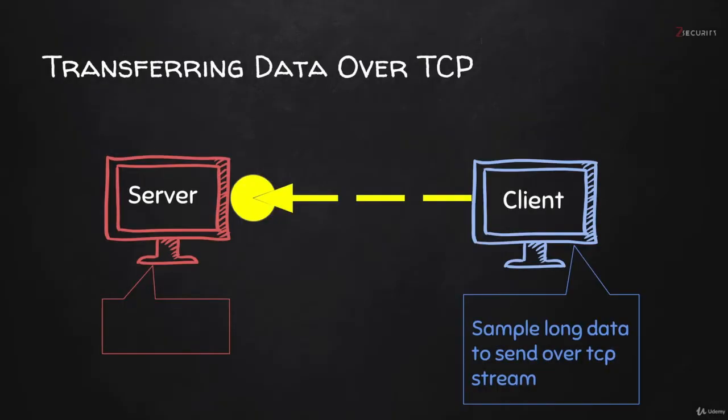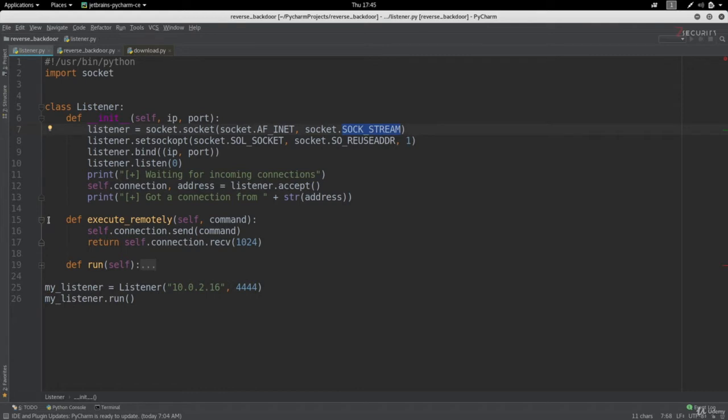Let's say that the client wants to send some long data as a message to the server. Now, as you remember, in the server, when we receive data, we call connection.recv, and we're specifying that I want to receive 1024 bytes of data.